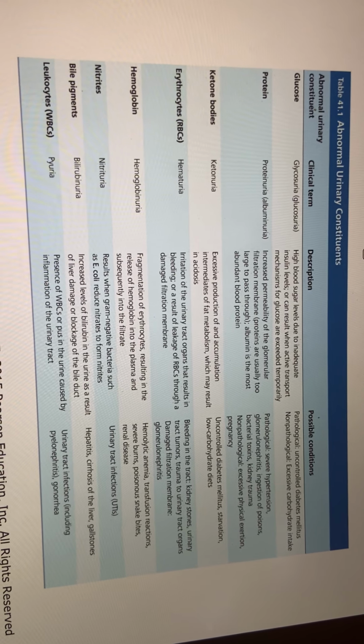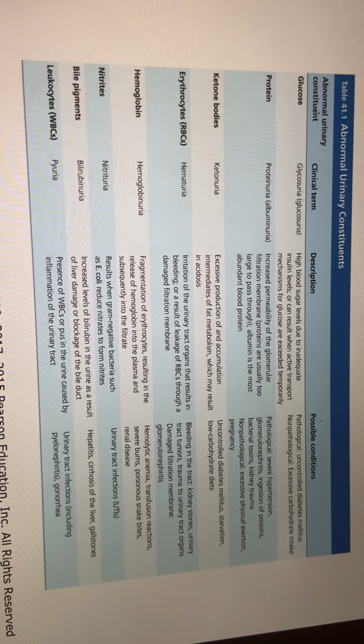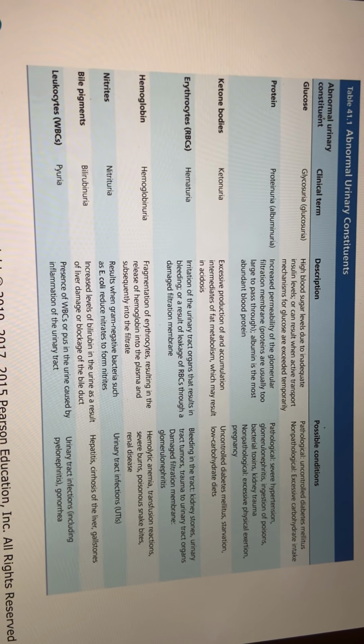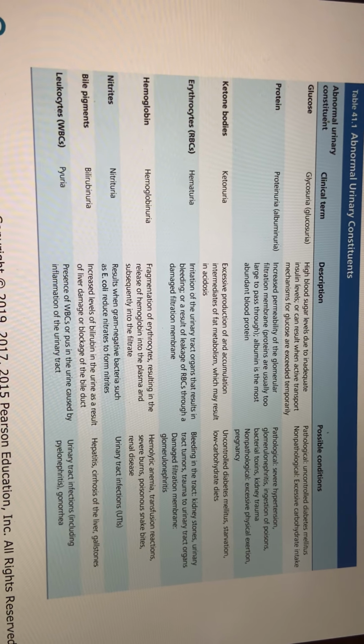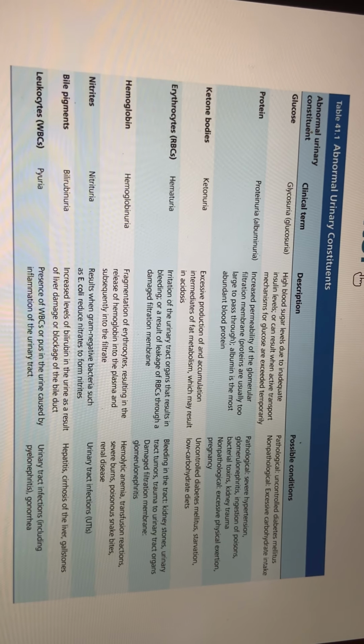For glomerulonephritis, what is the color of the urine in glomerulonephritis? I just said that if you were listening to me when we were talking about the fresh red and dark color urine.